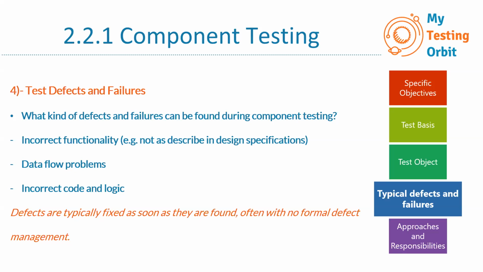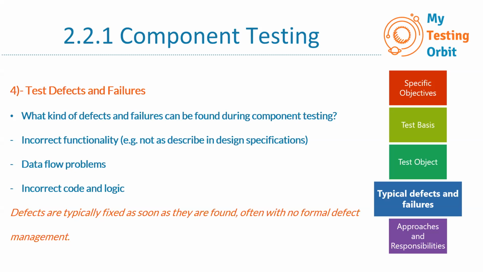It's a very early stage, that's why it's the first test level. At this stage, we don't have any formal defect management. If I'm a developer building a component and I come across bugs, I will just keep on fixing them until my component passes. I don't need to log that defect formally anywhere.